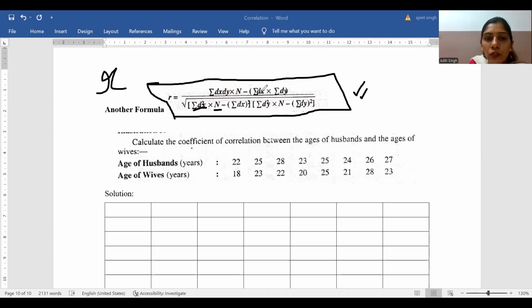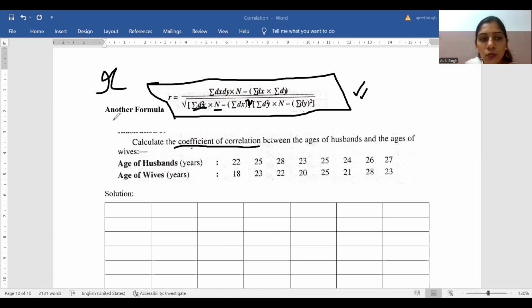Similarly, here also this is sum of dx whole square. So this is the formula with the help of which we calculate coefficient of correlation.